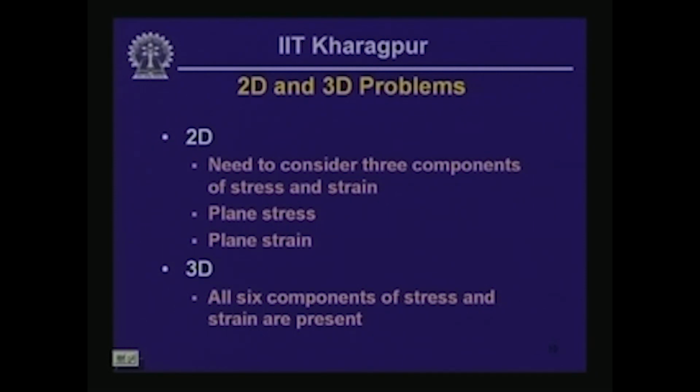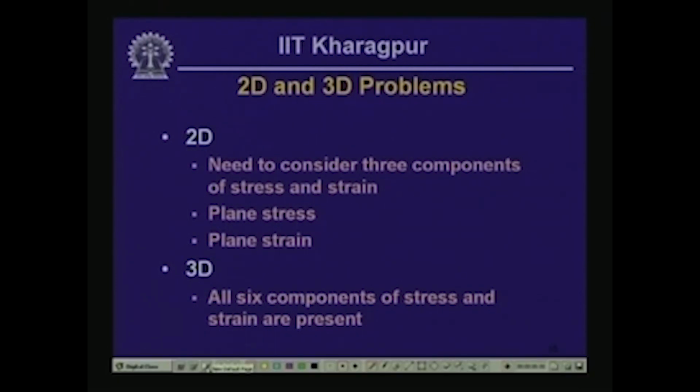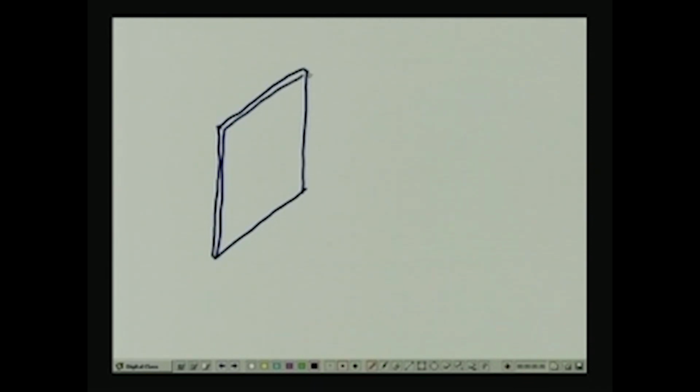In case of a plane stress problem, you have got a flat element. So, let us consider a flat plate for instance, and this flat plate is capable of supporting forces only in those directions. Then we are going to have a 2-dimensional problem.